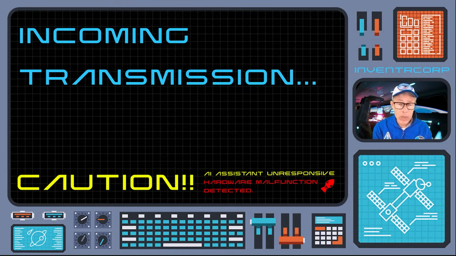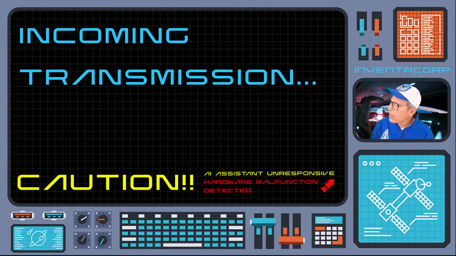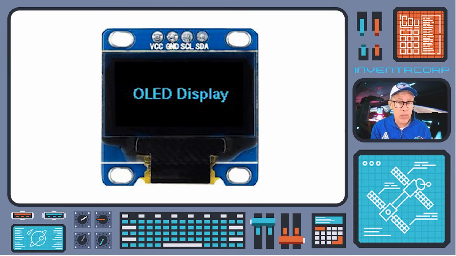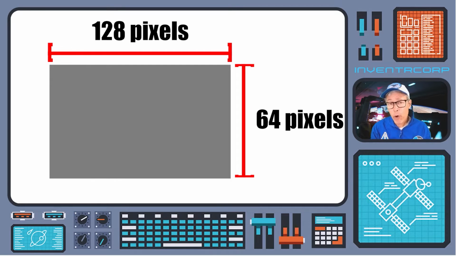And this OLED display, which you can see an example of here in front of our camera right now, is a display that allows us to show 128 by 64 pixels.